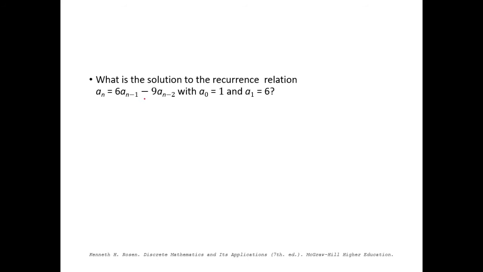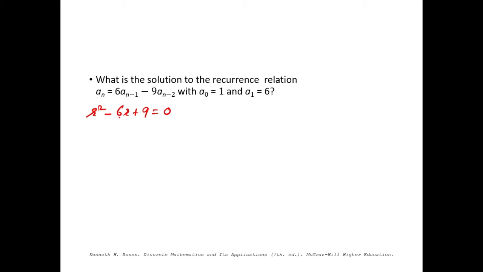Here an is equal to 6 an minus 1 minus 9 an minus 2. Then the characteristic equation becomes r square minus 6r plus 9 equal to 0.